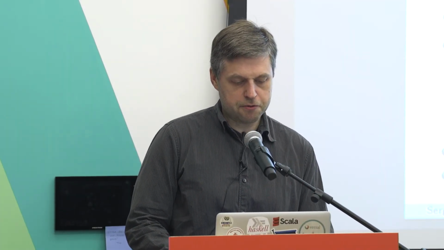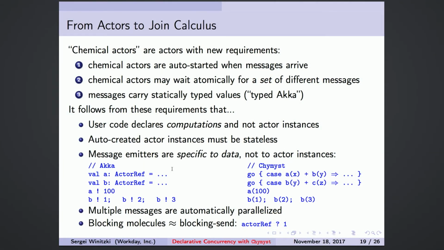Let me very briefly run the comparison again with actors. The main difference between actors and join calculus is that in actors, message emitters are specific to each actor reference. In join calculus, message emitters are specific to data. For example, in actors, you have two actor references, and we need to send each one of them a message. Here, we define reactions between data.